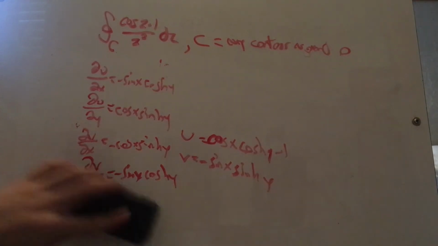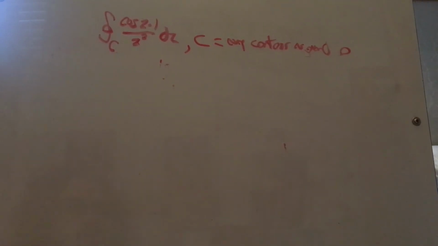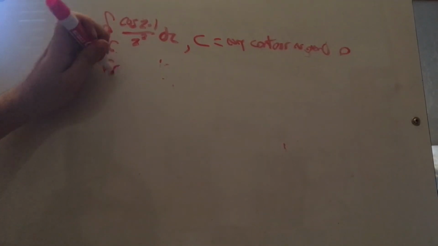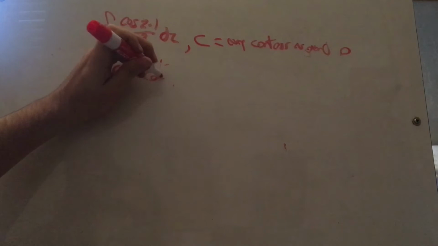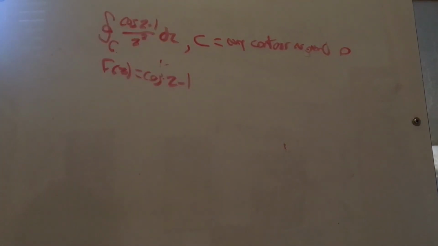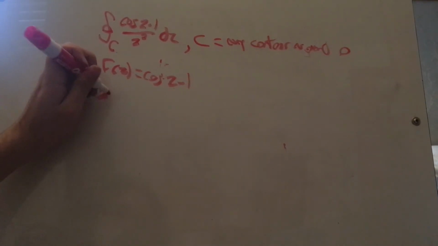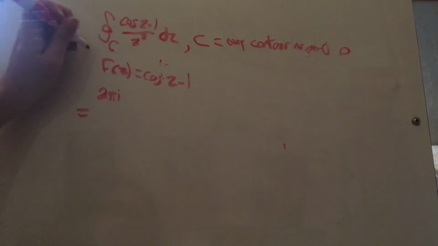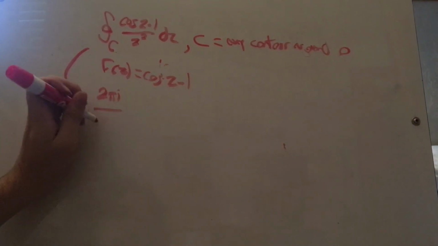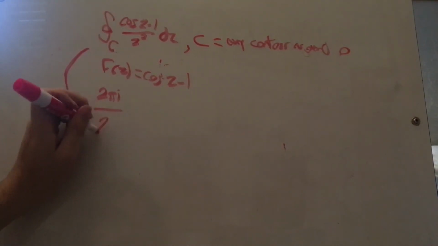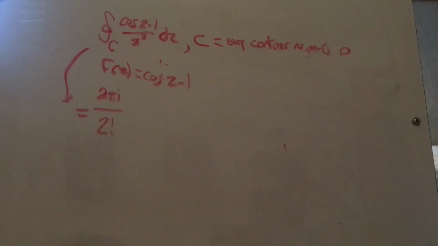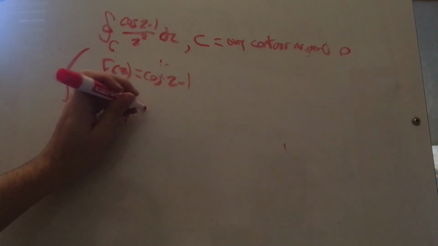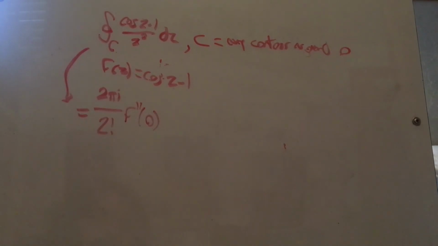regular function. If we set f of z equal to it, then by the generalized Cauchy theorem our integral is equal to 2 pi i over (3 minus 1) factorial, that is 2 factorial, times f double prime of 0.